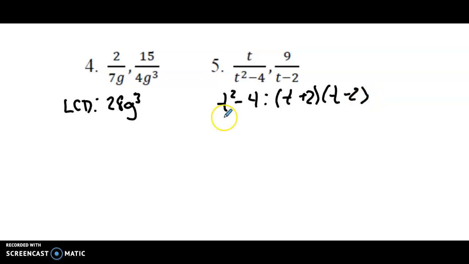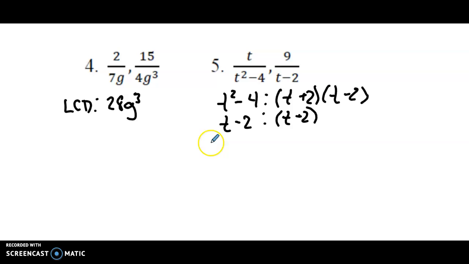And then our second one is t minus 2. That can't be factored at all. There's no GCF. It's not a difference of 2 squares. So it's prime, so it'll stay the same as t minus 2.